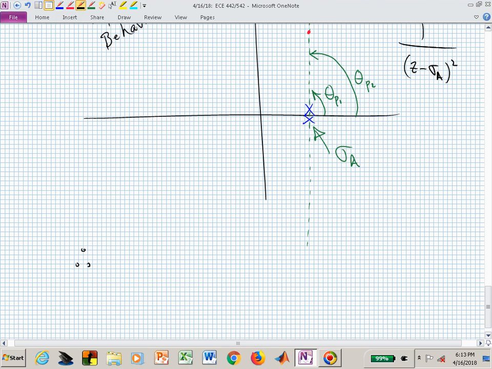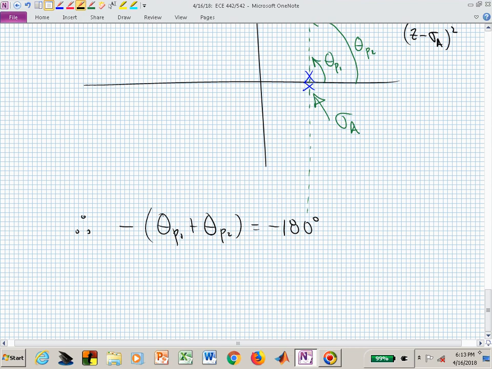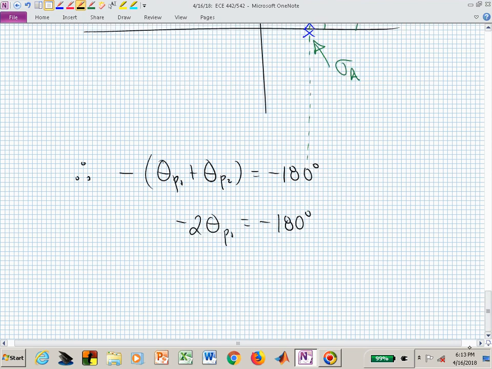I have no zeros, so I have nothing minus theta p1 minus theta p2 equaling minus 180. And theta p1 is exactly the same as theta p2. So I really have minus 2 theta p1 equal to minus 180 degrees. I can divide both sides by minus 2, just doing some algebra.